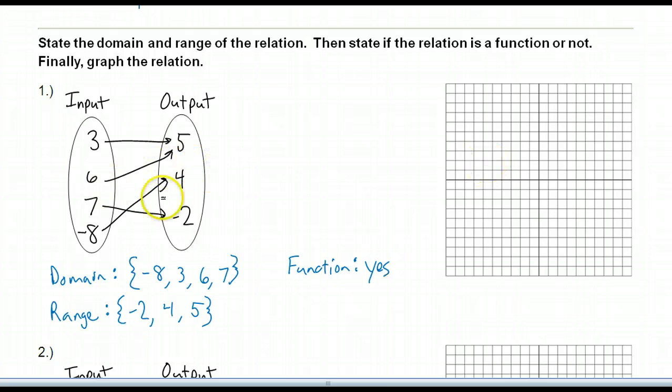Let's look at the graph of this relation. 3 maps to 5. So I'm going to go to the right 3 and output 5. 3, 5. 3 gets mapped to 5. 6 gets mapped to 5 also.